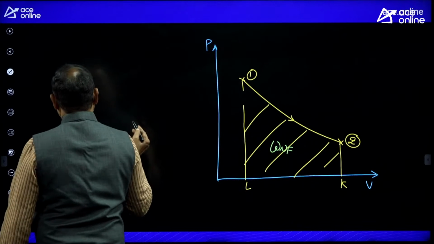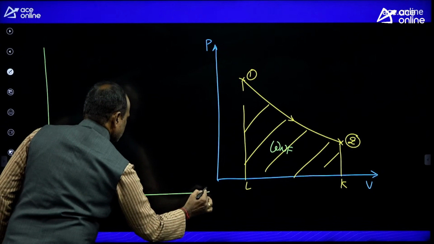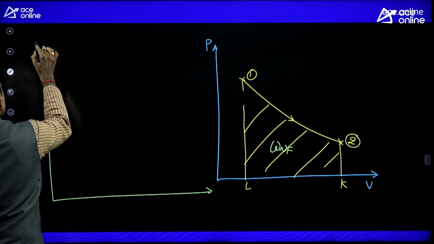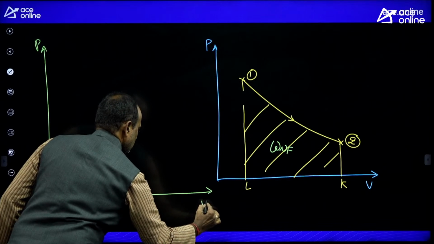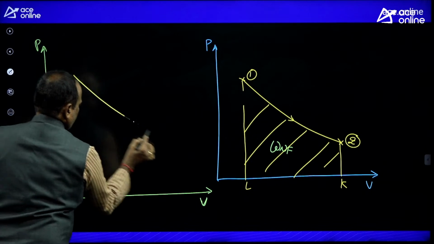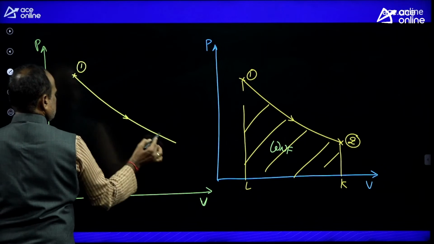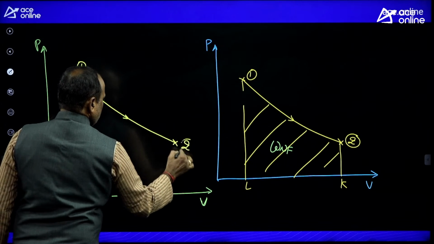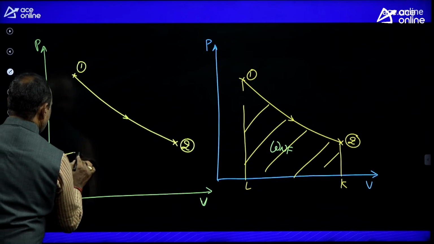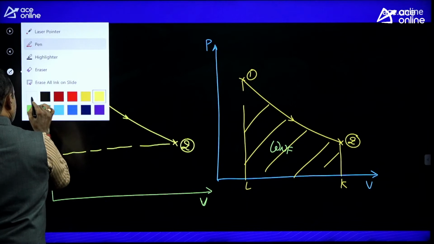But if I assume that the expansion curve is marked for a steady flow system, let me mark the expansion curve first. If the expansion curve is assumed to be marked for an open system or steady flow system, then the steady flow work is equal to the area behind the PV diagram. This is the steady flow work.